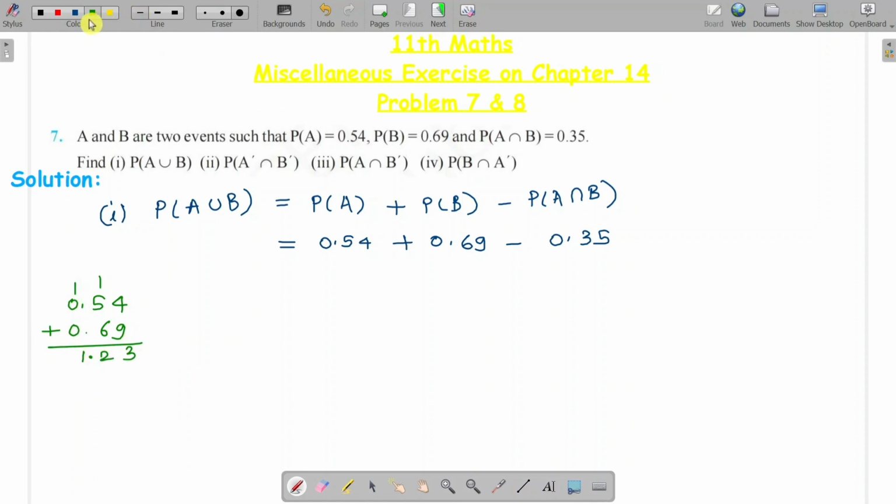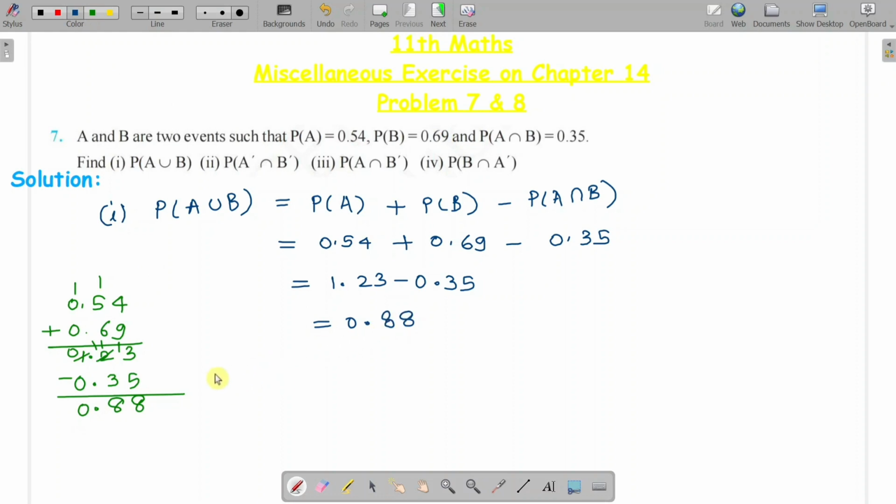So 1.23 minus 0.35. So if we subtract 0.35 here, 1 borrowed, 1 remains, so again 1 borrowed, 0 here. 13 minus 5 is 8, 11 minus 3 is 8 and this is 0. So 0.88 is the answer.